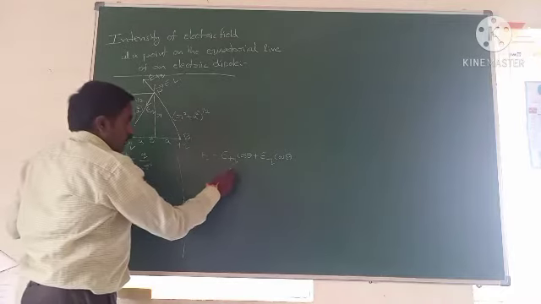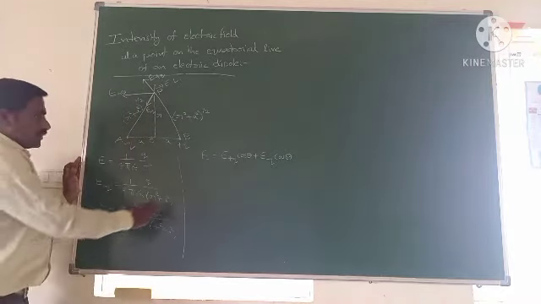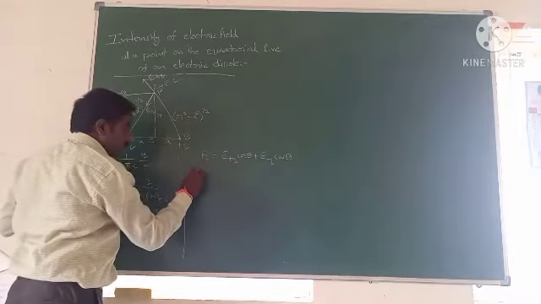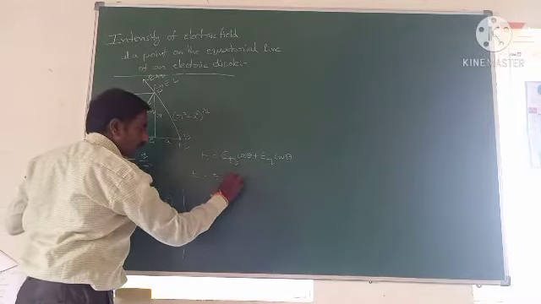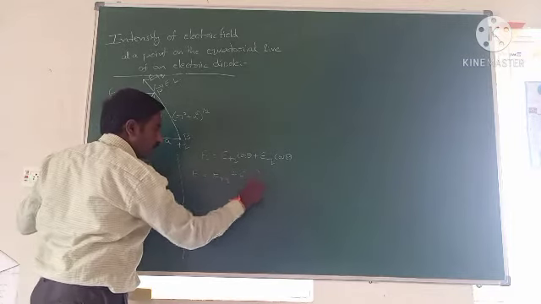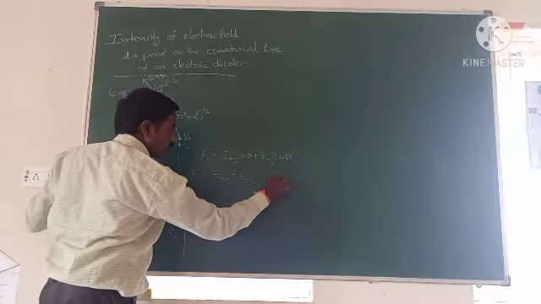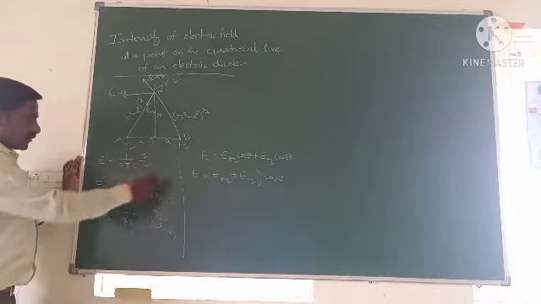Now just take the cos theta term outside. So E equals E plus Q plus E minus Q, times cos theta. Then substitute the formulas here.